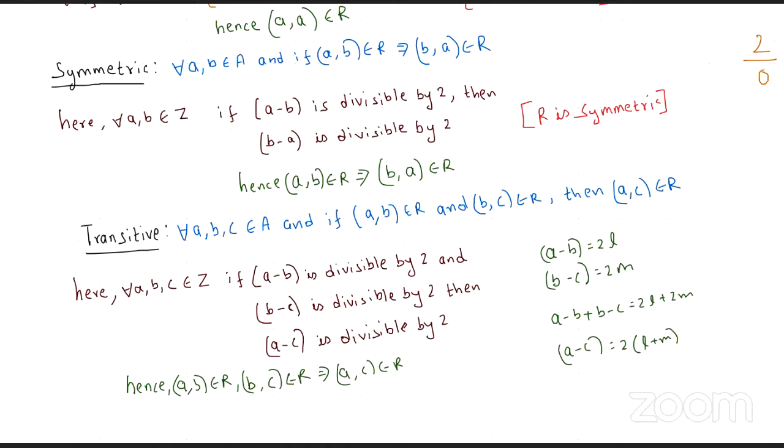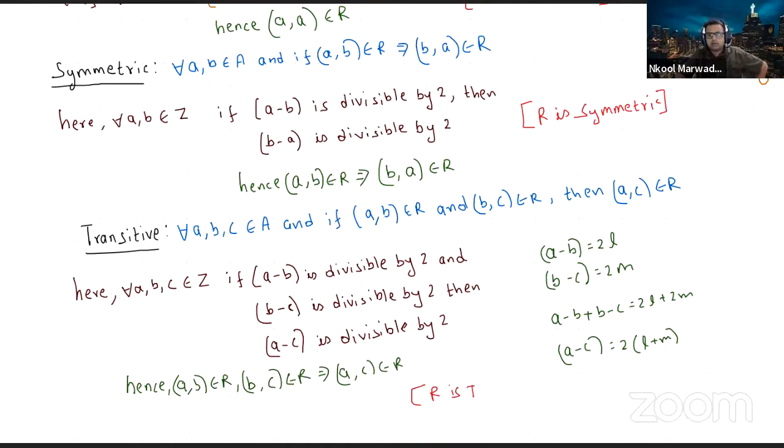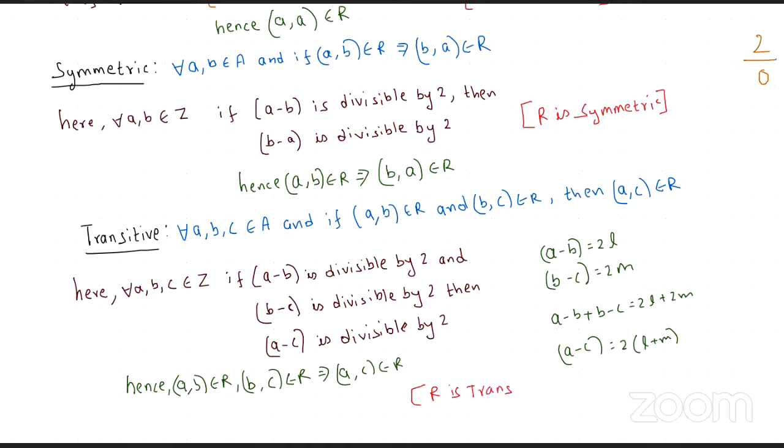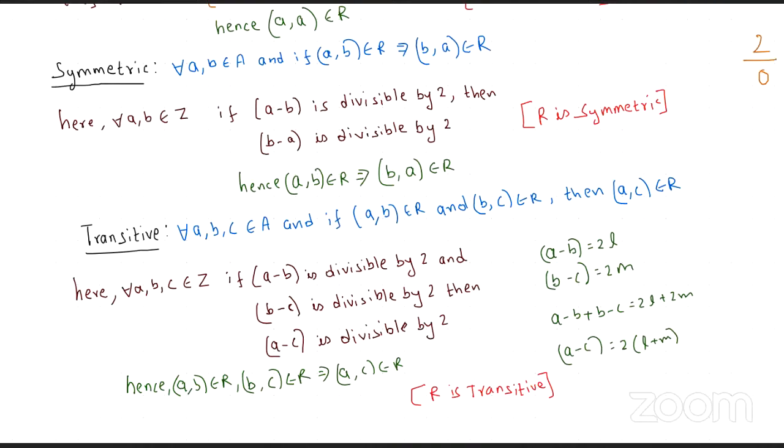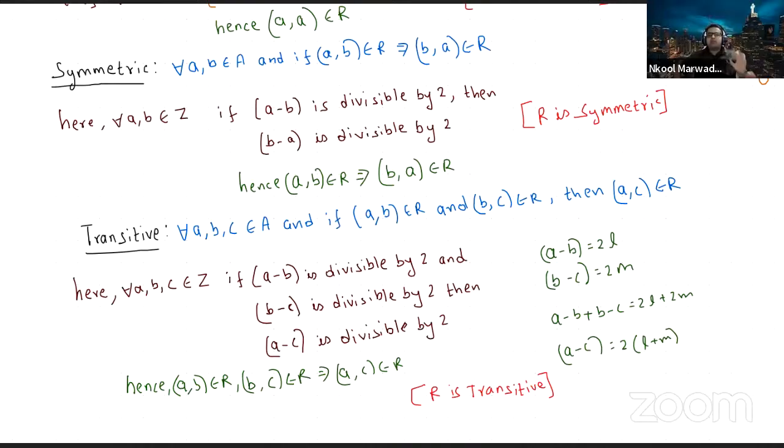So to show that a minus c was divisible by 2, but then I'm not able to get the relation. Okay, let us understand again. See, a minus b is divisible by 2. It means that a minus b is equal to 2 into any number.